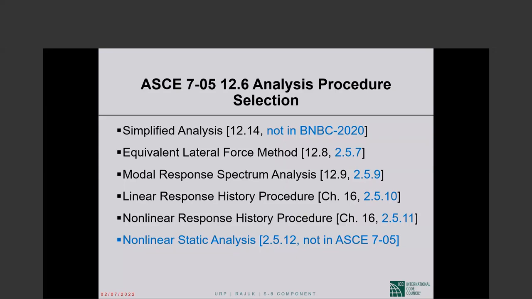The response history analysis means that you subject the base of your structure to a history of ground accelerations, ground acceleration as a function of time, and so we feed pairs of acceleration and corresponding time. And these time increments have to be very small for us to get accurate results.